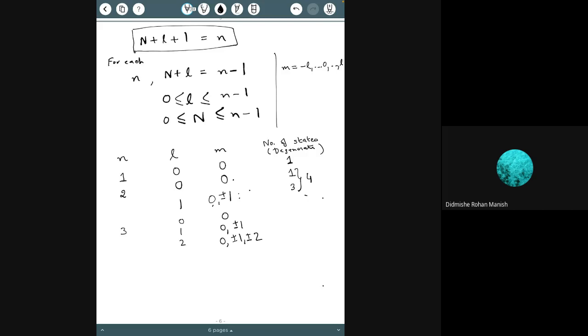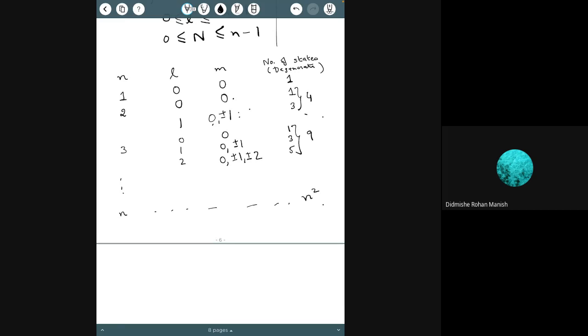Then from this one I have 1, 3, 5. And together I have 9. And I can generalize this now for n, that it will be n squared. So the number of states for a given principal quantum number n with the same energy is n squared. Got it?